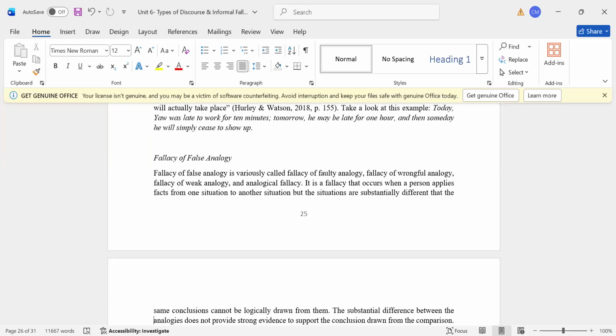It is not necessarily the case that they have the same parents. But anytime you make an argument on the basis of analogy to draw a conclusion, you are likely to commit a fallacy of false analogy. That the analogy is not true. The comparison is not true.